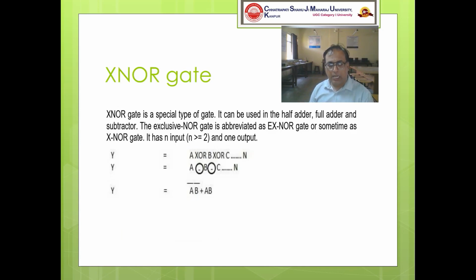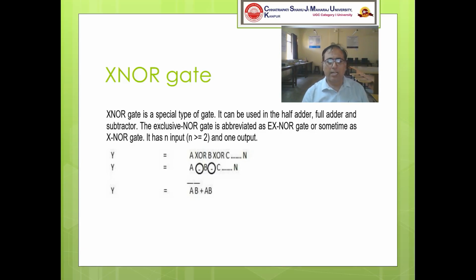And the last gate is the XNOR gate. It is again a special gate which can be used in half adder and full adder, which we'll be studying in the next unit. The exclusive NOR gate is abbreviated as XNOR gate. It has n inputs, and this n can be equal to 2 or greater than 2. The logical symbol of the XNOR is an encircled minus sign, which is shown in the expression below.